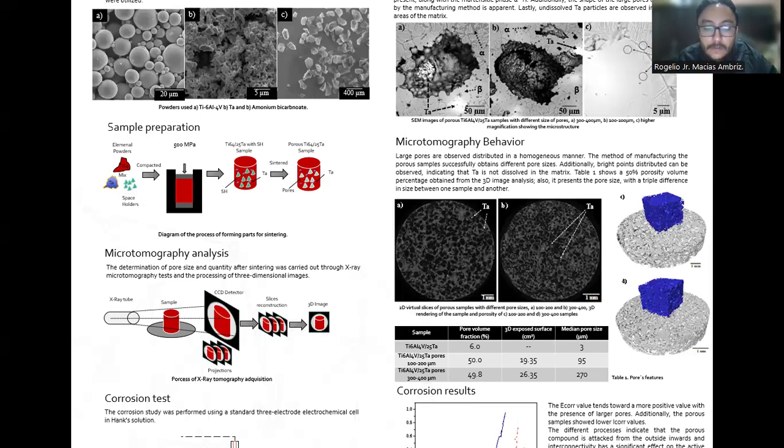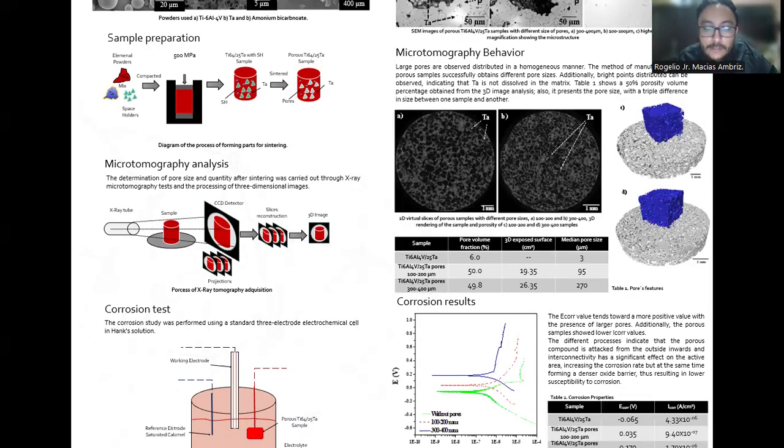Table 1 lists the pore fractions, with a large difference between the samples without pores and the samples with pores. Likewise, the samples with porosity have a similar pore volume, but the pore size represents a difference of 3 times between the sample with small pores and the one with large pores.